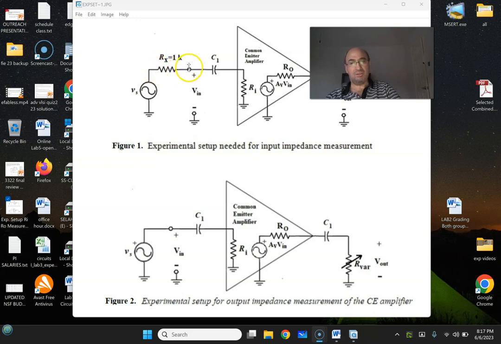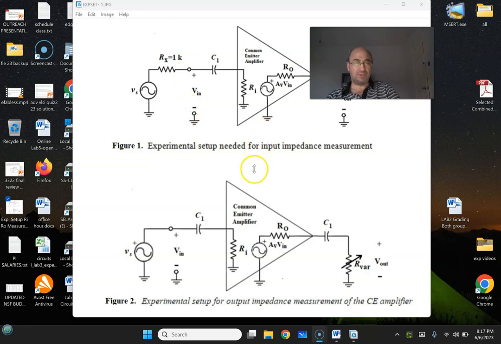So what you do is simply measure the voltage seen at the amplifier input. And then if you notice that when you apply 100 millivolts, you're getting 50 millivolts, then the input resistance should be equal to the 1K, since the voltage is dividing equally. So you can simply apply the voltage division principle to figure out how much resistance you're seeing right there.